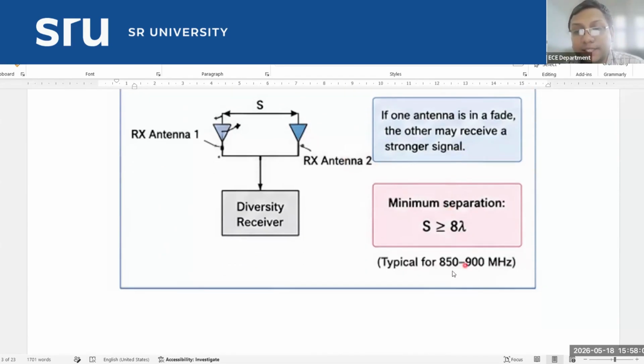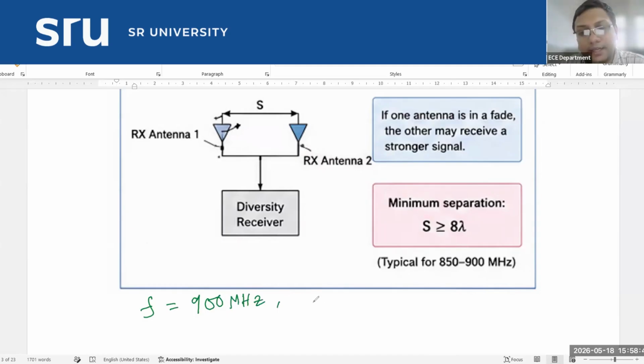Now the minimum separation that is followed for this diversity reception is 8 lambda. Now if I ask you to please calculate lambda for this, suppose F is equal to 900 megahertz, for example.